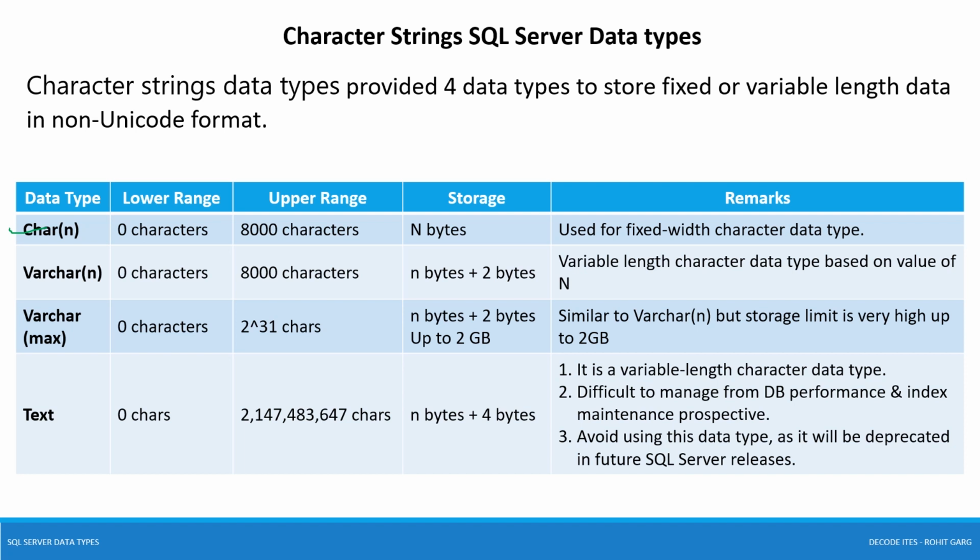Next is varchar(n). Varchar(n) is a variable length data type. It can hold 0 to 8000 characters and needs an extra 2 bytes of storage along with the n value. A variable length data type is stored based on the value of n. This can be used when you don't know the exact width or length of the data coming to SQL Server as an input, but you know the maximum size or you want to limit the maximum size.